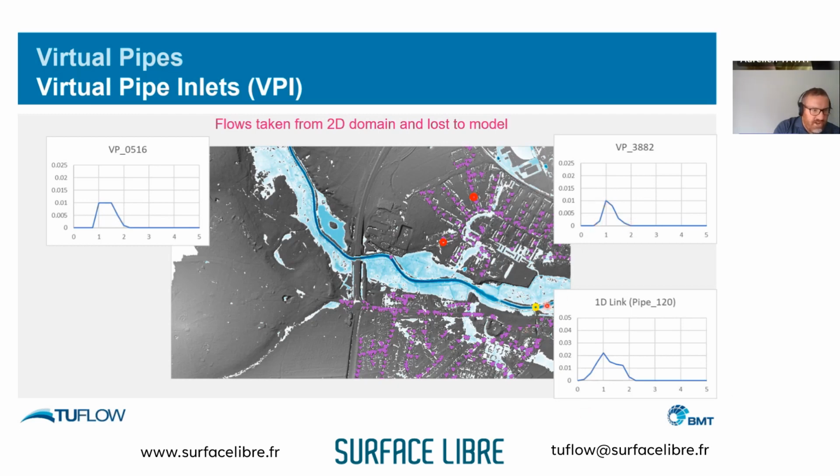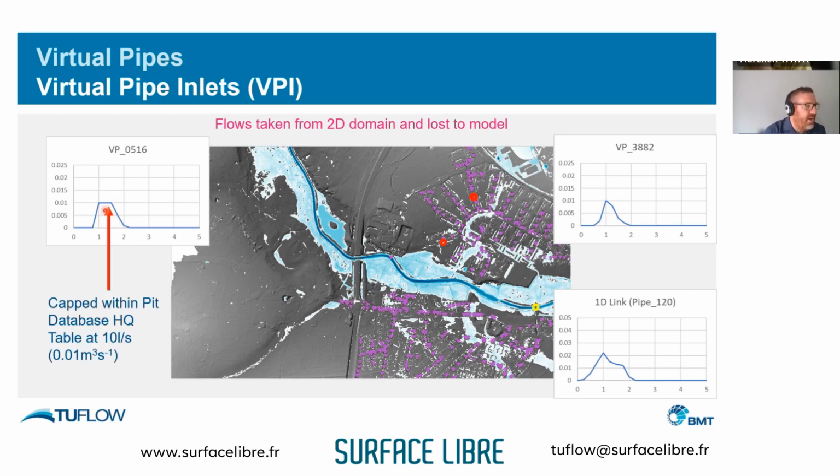We've also got this 1D link down here, and this is just taking flow from the 2D surface, and that's what is coming through this pipe at this point in time. So in this instance, we're just taking flows from the 2D domain and losing that from the 2D model. We're not accounting for that in the 1D network anywhere.